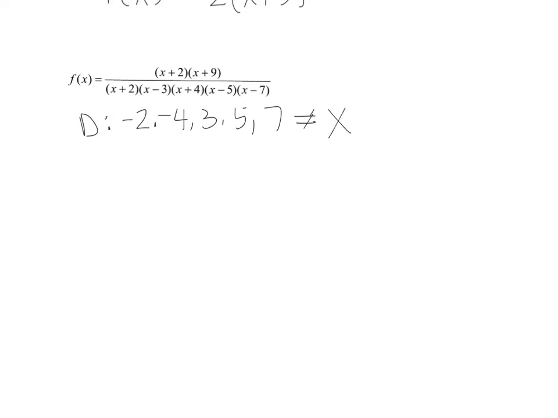Now we can go ahead and cancel out anything that appears in the numerator and denominator. The only thing that appears in both places is x plus 2, so we can go ahead and cancel those out.